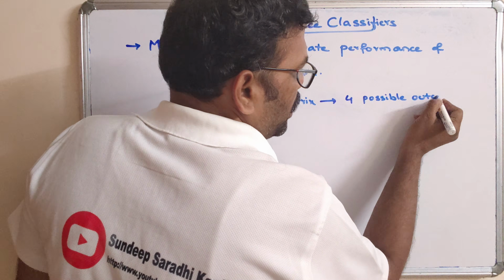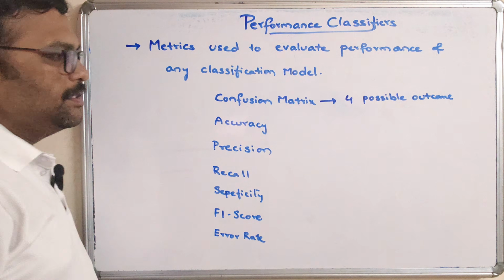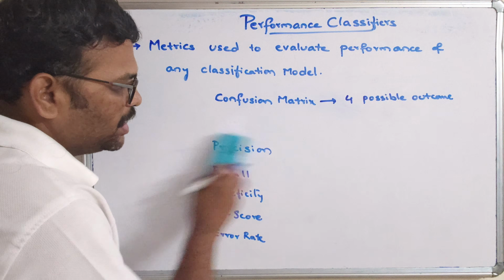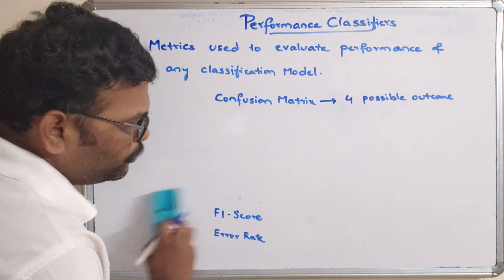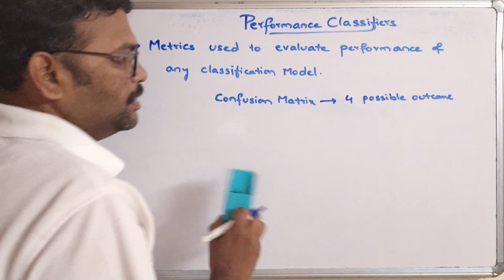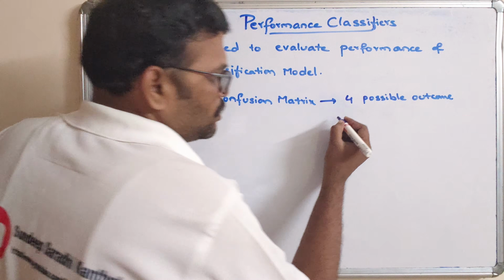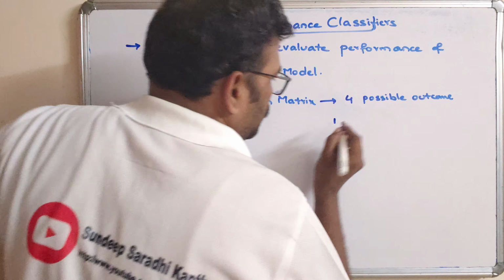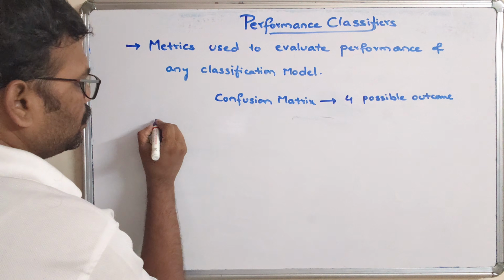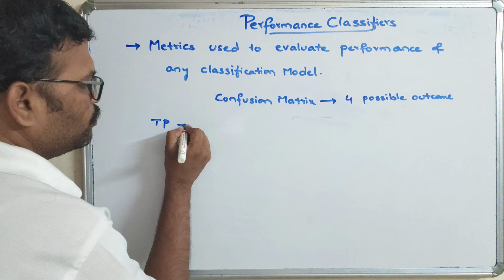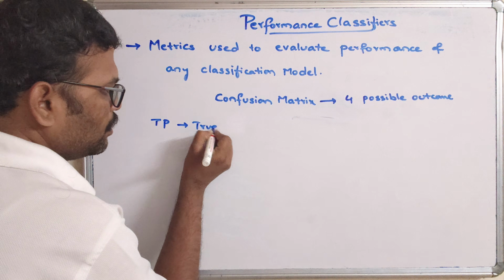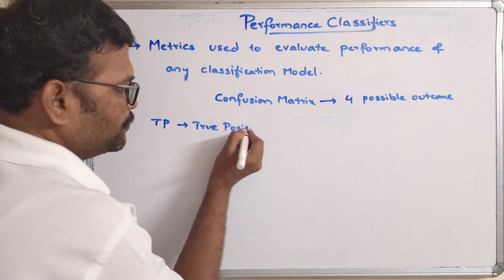So first, let us move on with the confusion matrix. There will be four possible outcomes. One is TP, which stands for true positive.